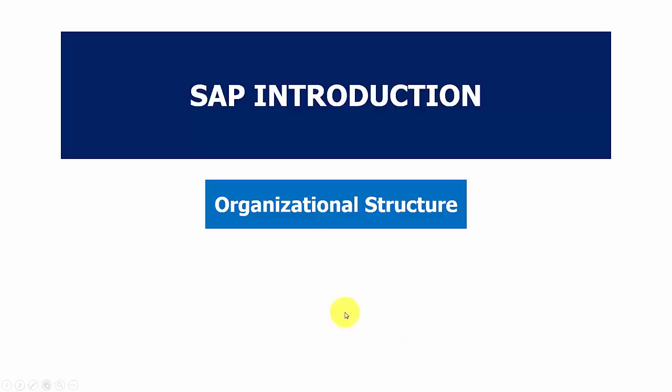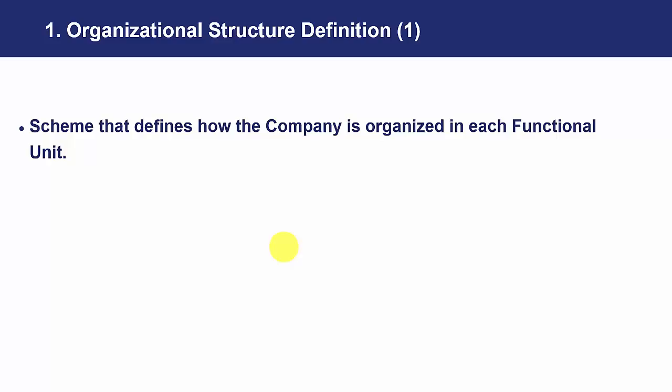In this session, we are going to see an overview of what organizational structures mean in SAP. An organizational structure in SAP is a scheme that defines how the company is organized in each functional unit, in each department.